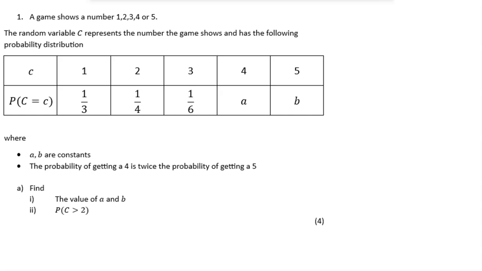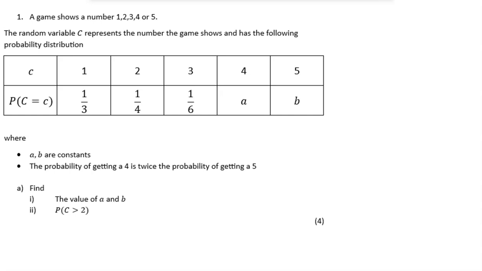Basically it just means the probability that the event of it landing on a 1, the event of it landing on a 2, and so on. So you've got all the probabilities. Now, we've given you 1, 2 and 3, but what we haven't given is the probability of 4 and 5. That's just called A and B. So you're told here that A and B are constants. And we're also told the probability of getting a 4 is twice the probability of getting a 5. And that should be enough information for us to find what A and B are.